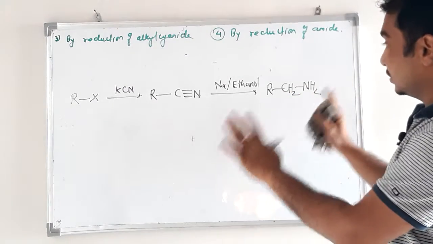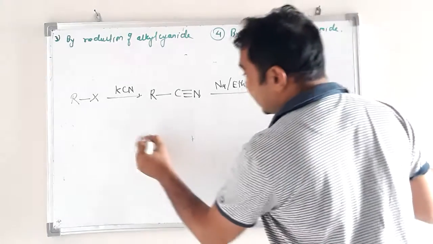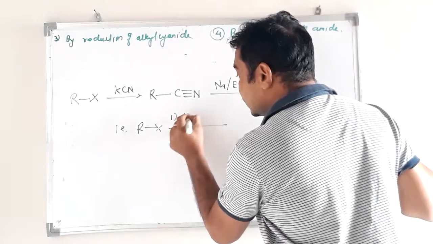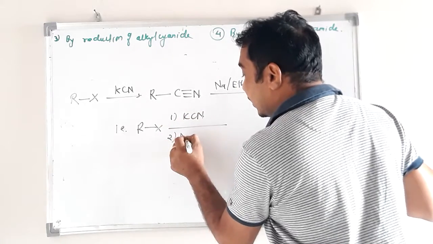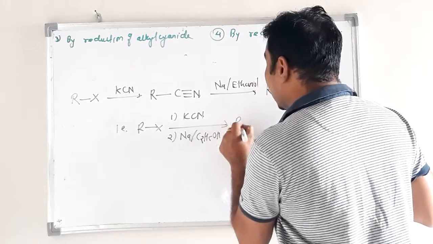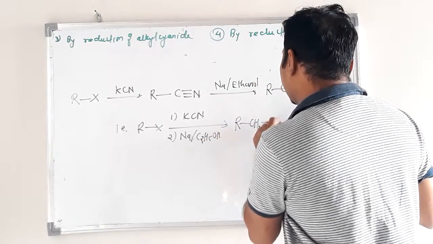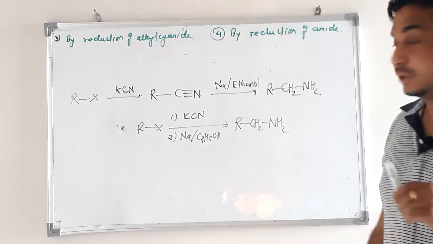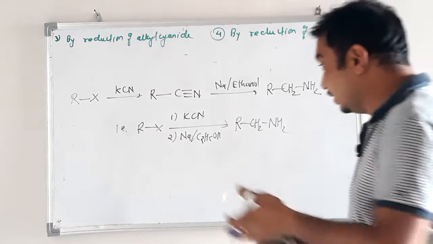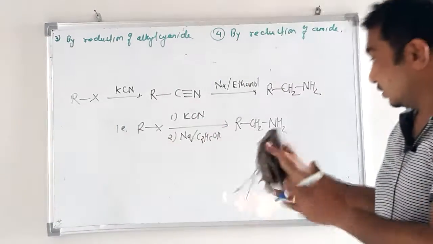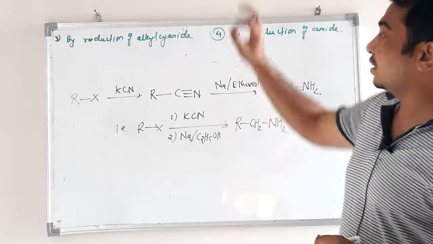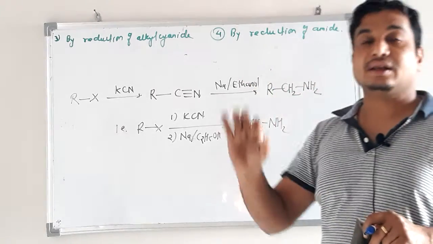So this is a two-step reaction: RX, first KCN, second Na/C2H5OH, then RCH2NH2. This is the direct way to convert RX into RCH2NH2. If you want to increase carbon atoms, then this is the method. So this is one of the methods to convert alkyl cyanide into primary amine.